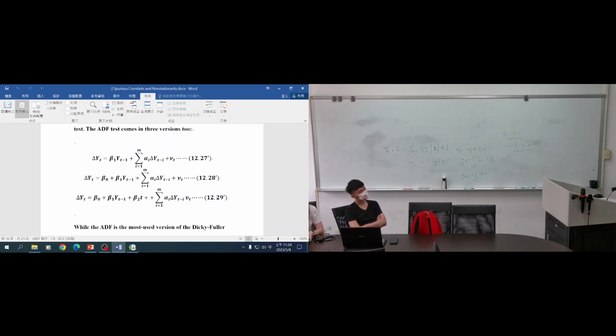I don't know how Python does. Usually it uses the augmented Dickey-Fuller test because the regression we want to test is most of the time involved with serial correlation, so the augmented Dickey-Fuller test really considers those situations.